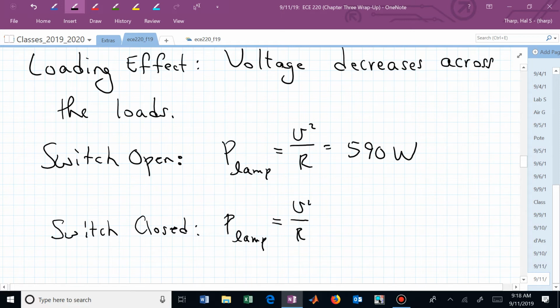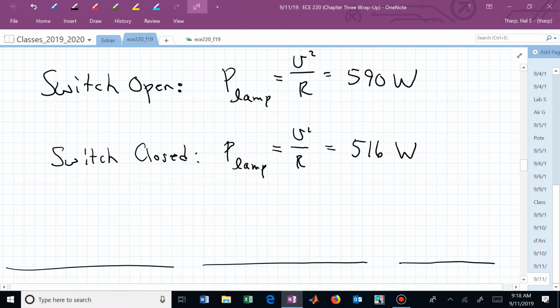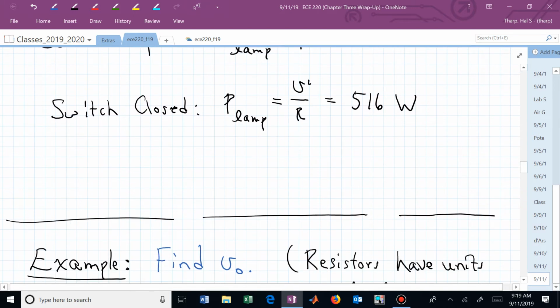It's just that our V has changed, and now we have 516 watts on that lamp. So that's the practical impact of loading. You add an additional resistor in parallel, you're loading the original network, and you can't just use the standard voltage divider formula for that.